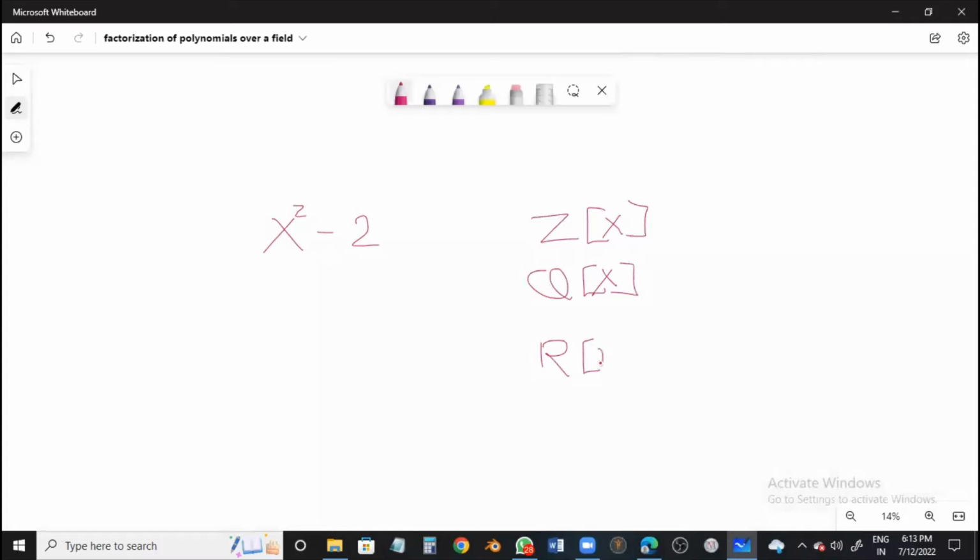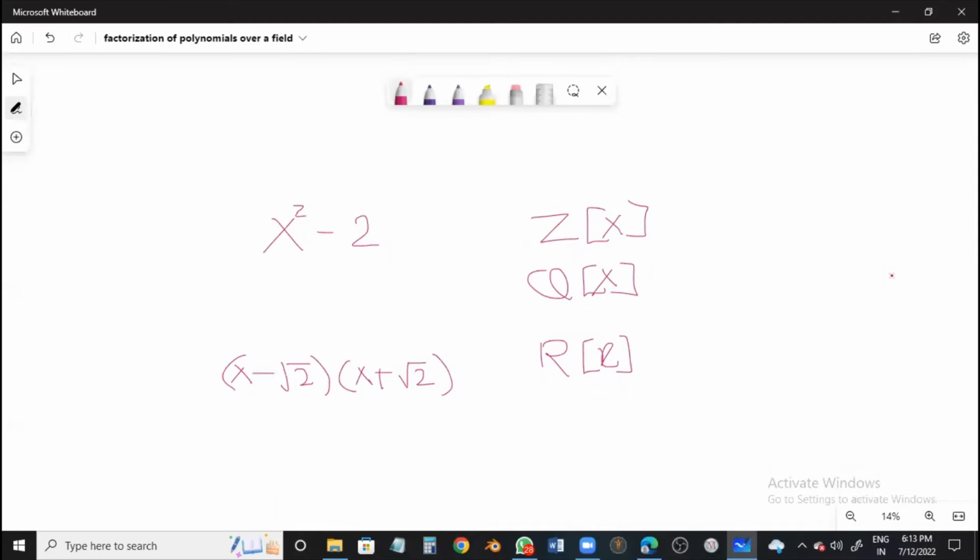This we have already seen. Why is it reducible in R of x? Because I can write this as x minus root 2 multiplied by x plus root 2. So the coefficient root 2 is not an integer, nor is it rational, but it is real. So this is the factorization in R of x. We said it is reducible in R of x, but not reducible in these two. We call it an irreducible polynomial.